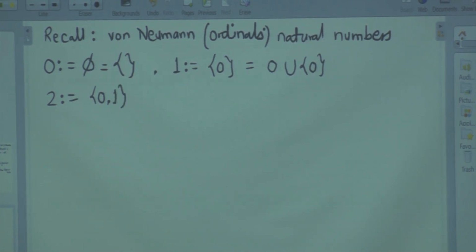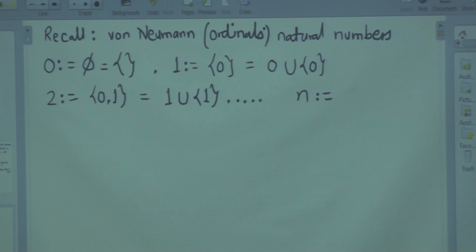It has precisely two elements if we know what cardinality is, and that is also equal to 1 union {1}. And take it forward, so n is defined to be (n minus 1) union {n minus 1}.